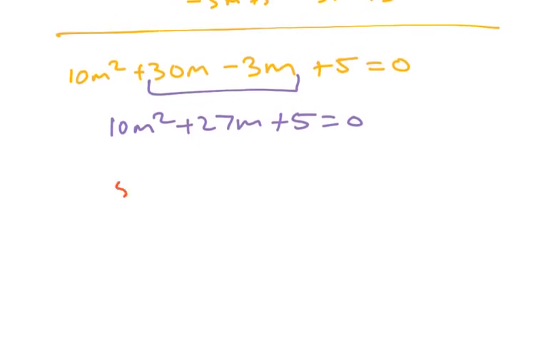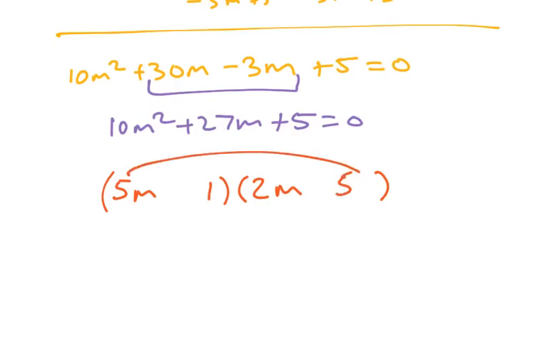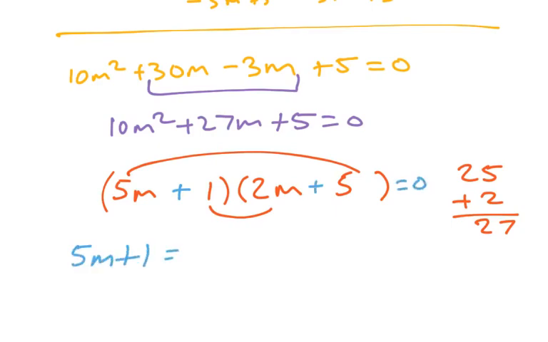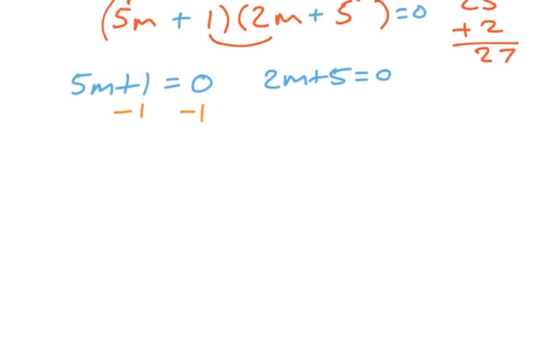And then we factor. I have no idea what's actually going to work here. I'm going to try 5m and 2m, and I'm going to try 1 and 5. This gives me 25, this gives me 2. With 25 and 2, if we add them together, we get 27. So I win. Rather, we win. So 5m plus 1 equals 0, and 2m plus 5 equals 0. And then we solve. Subtract 1, subtract 1.